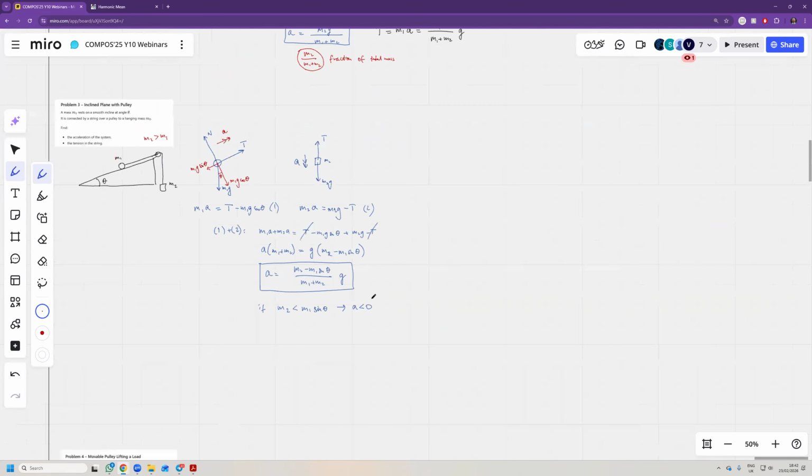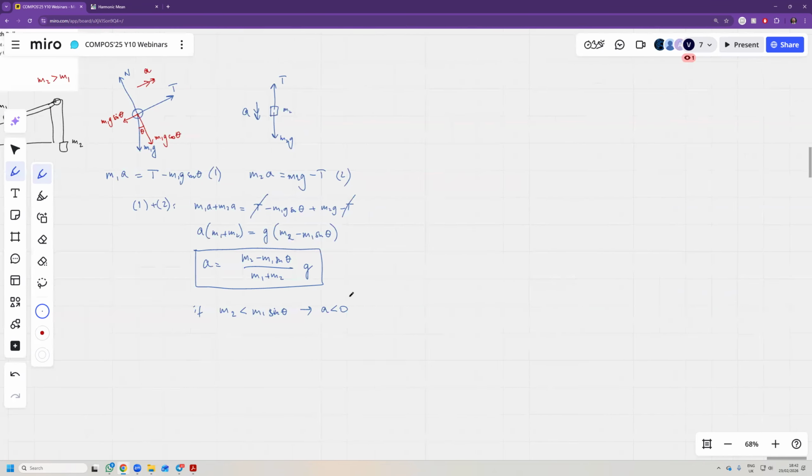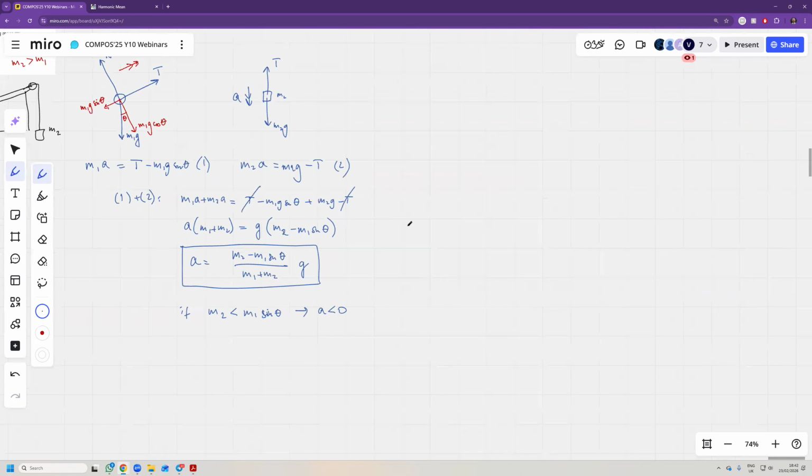Tension. The tension in the string, we just use any of the equations. I suppose we use the second equation from before. We get tension is equal to m2g minus m2a, right?